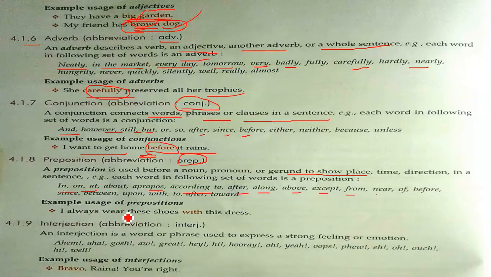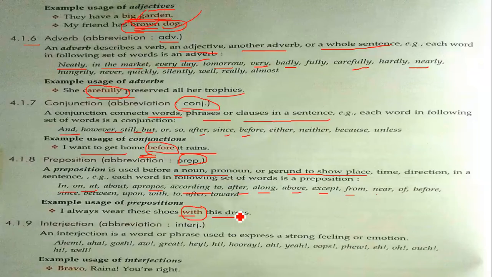For example: I always wear these shoes with this dress. With this dress I use these shoes. So "with" is the preposition and is used before a noun, this dress.